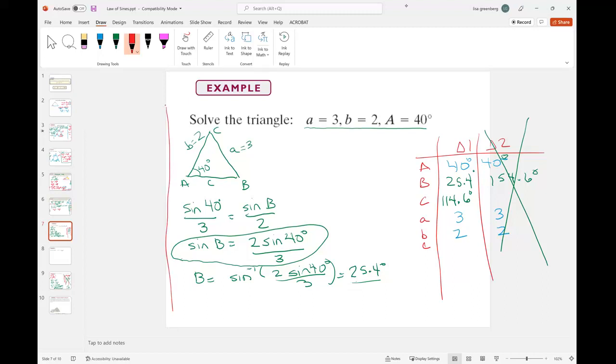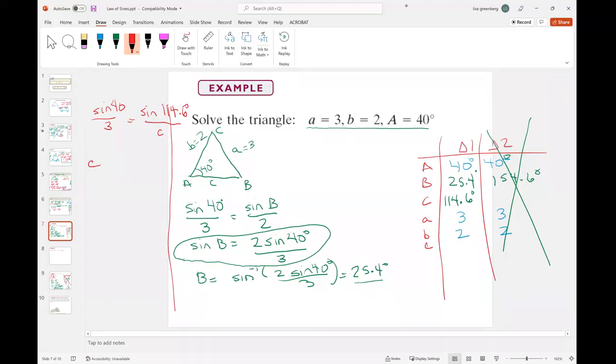I have the sine of 40 degrees, which is A, over 3, which is a, equals the sine of C, which I actually know now, divided by c. So c is going to equal 3 times the sine of 114.6 degrees divided by the sine of 40 degrees.